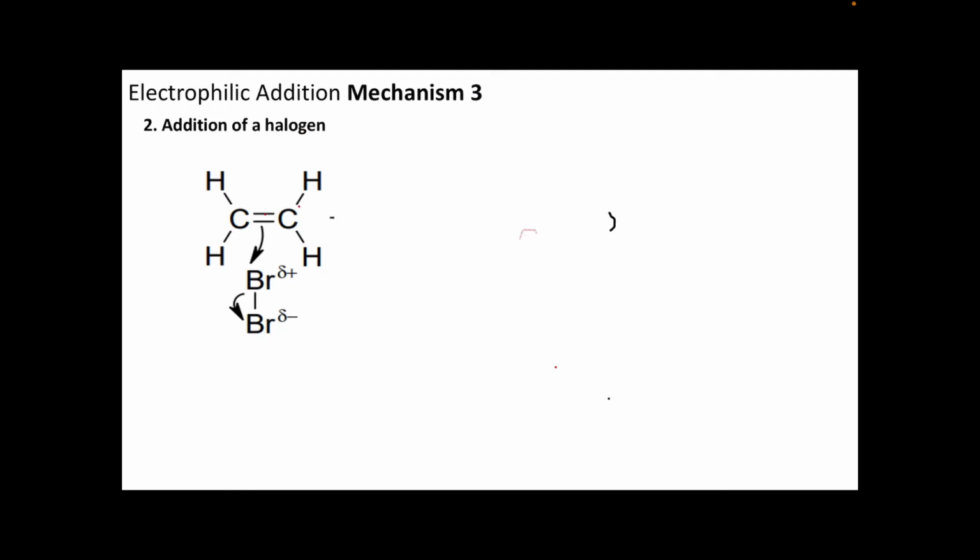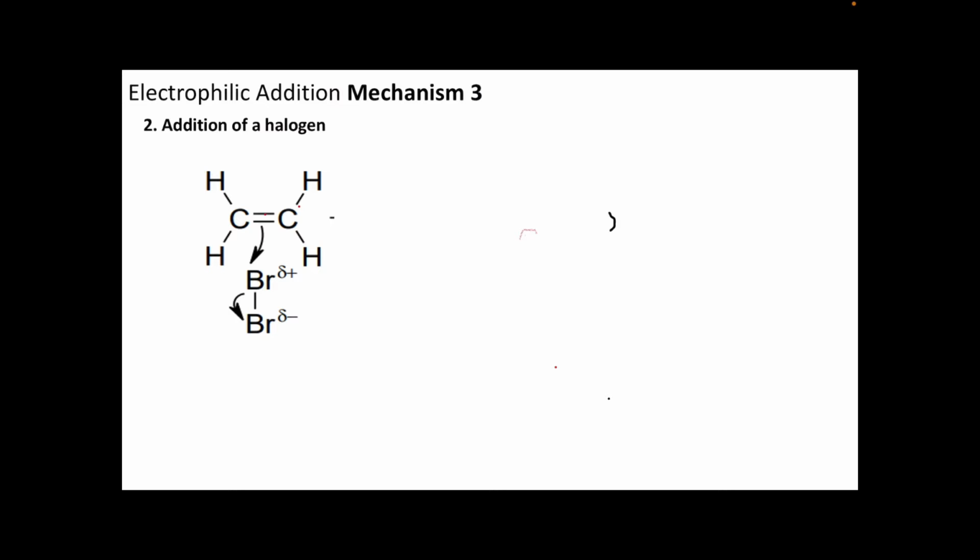But you can see that one of the bromine atoms has a slightly positive charge and one has a slightly negative charge. So why is this? Well, a bromine molecule is non-polar, but as it approaches the electron-rich carbon-to-carbon double bond, a dipole is induced in the bromine molecule. As it approaches that negative double bond, the electrons in the bromine molecule are repelled towards the opposite end of the bromine.